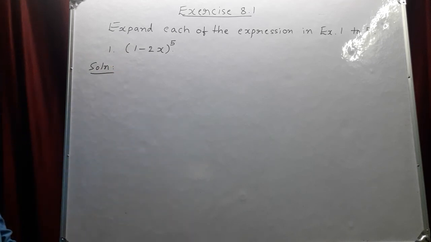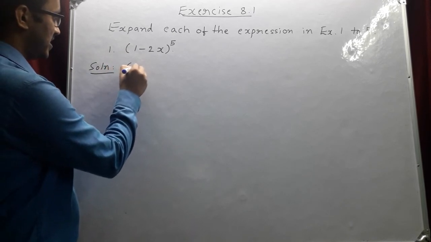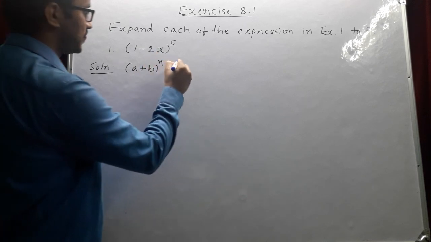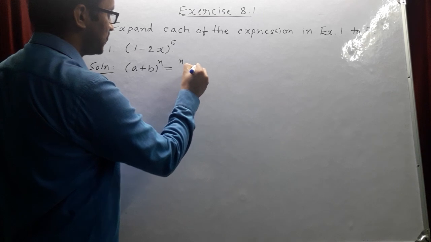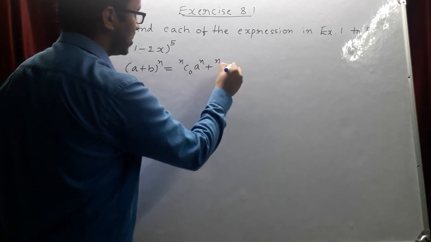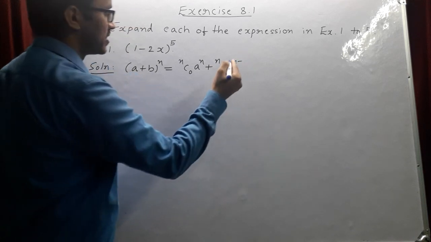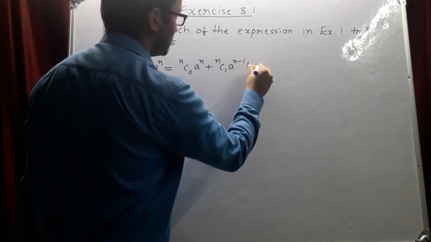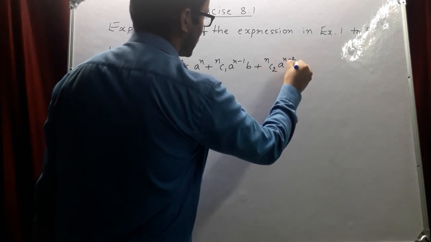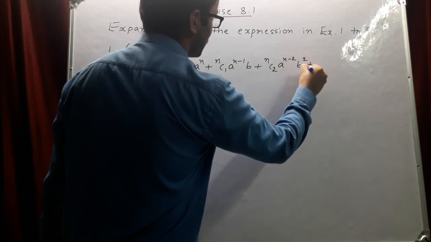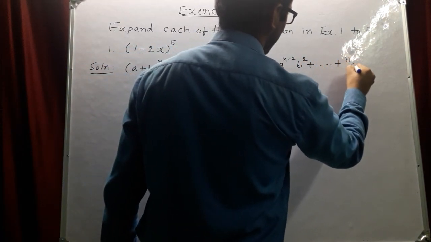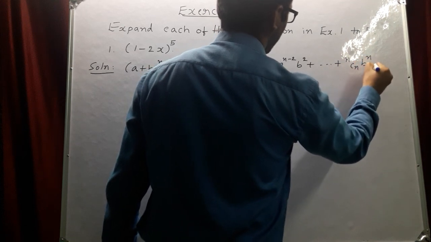We have seen the expansion for (a plus b) power n, which is equal to nC0 a power n plus nC1 a power n minus 1 b plus nC2 a power n minus 2 b square, and so on, nCn b power n.